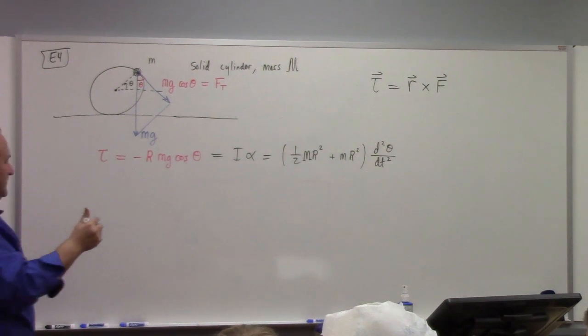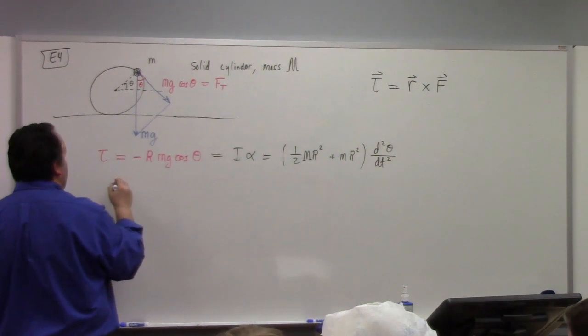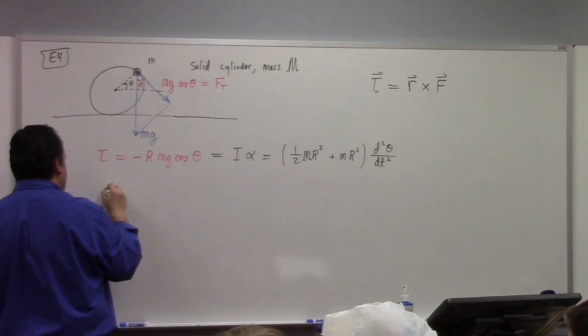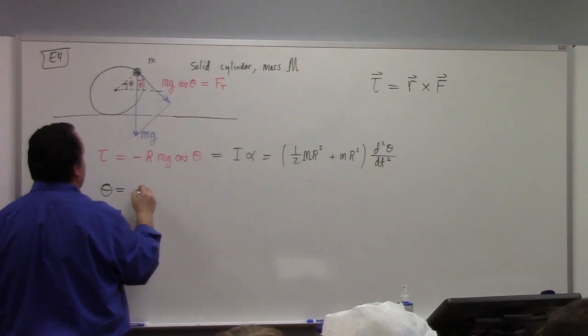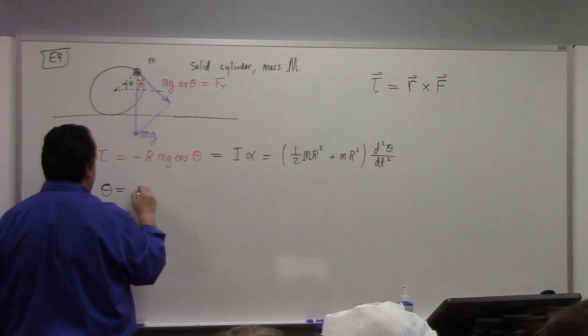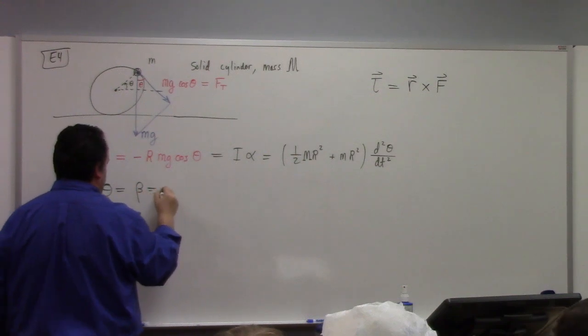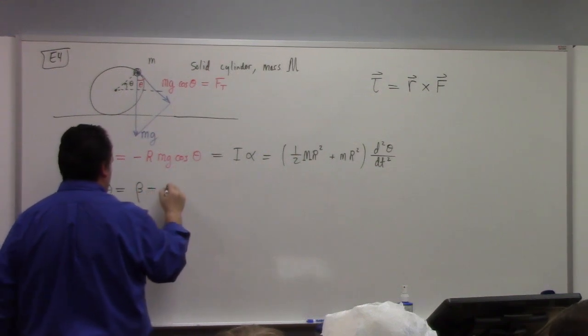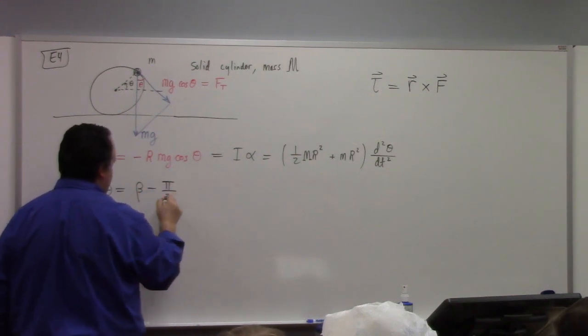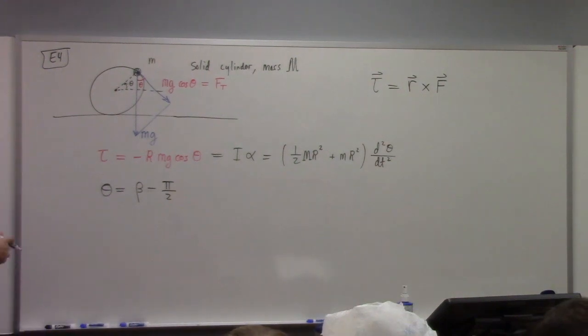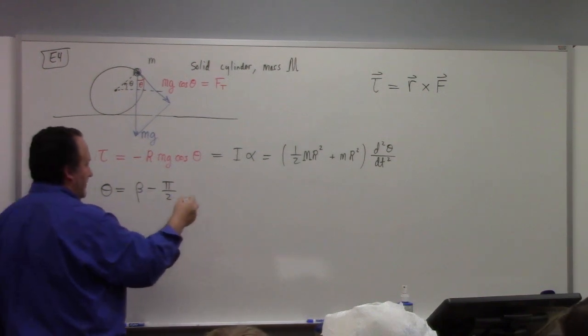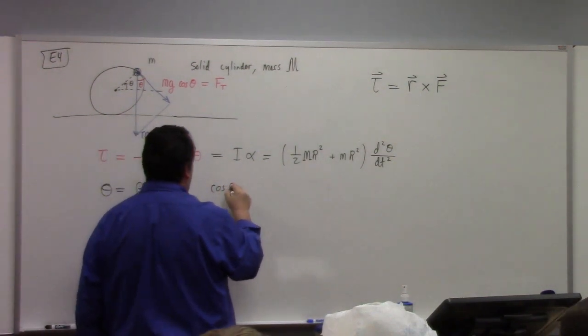Check this out. If we let theta equal to, let's say, beta minus pi over 2, because we do radians, right? With the calculus, we do radians. Then here we could look at what's cosine of theta in that context.